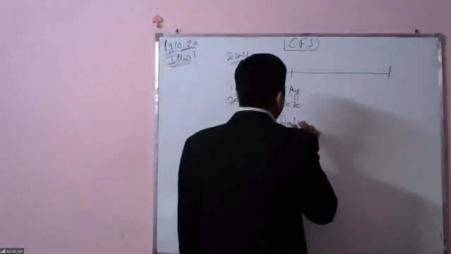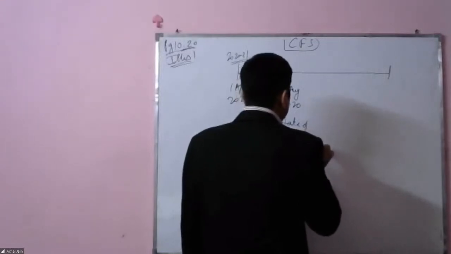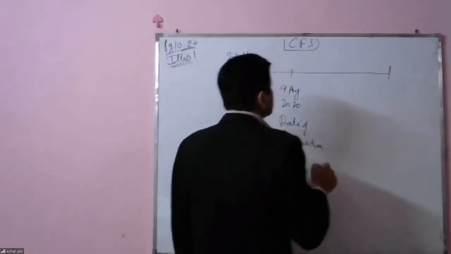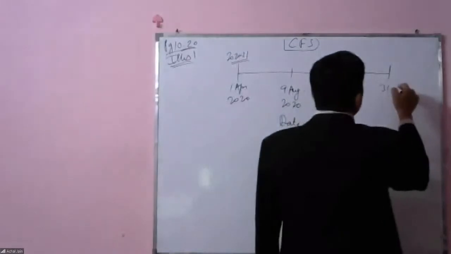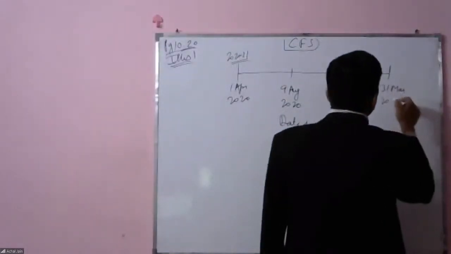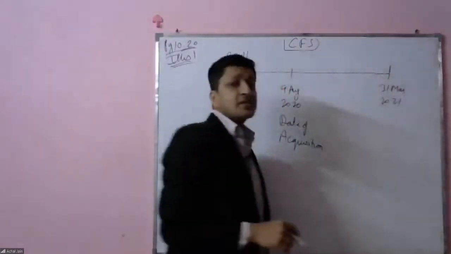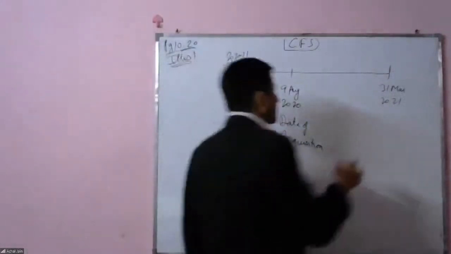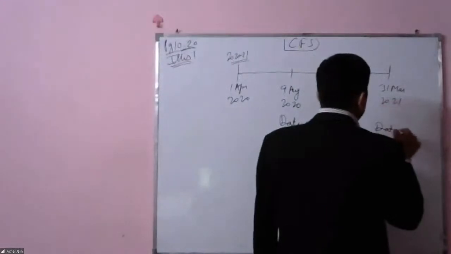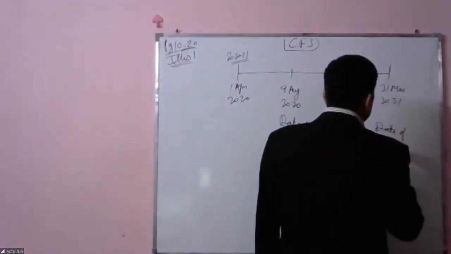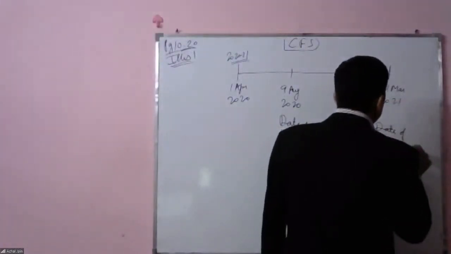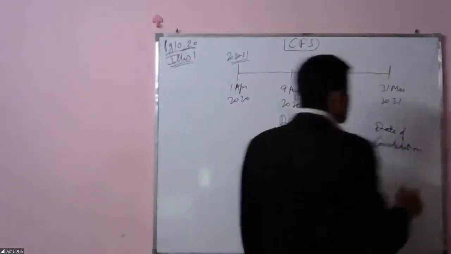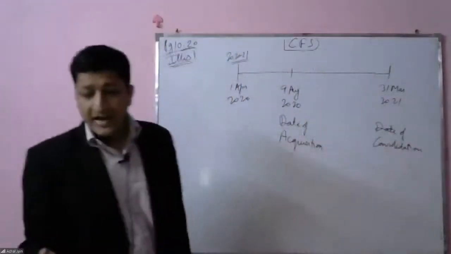So this date will become the date of acquisition. And 31st March 2021, when the financial statements are required to be prepared, will be called the date of consolidation, meaning the closing date, the end of the year.